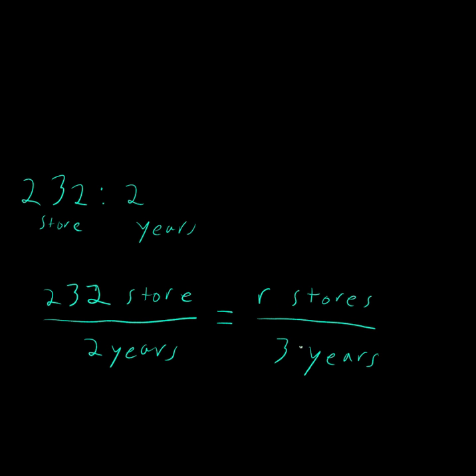Well, in order to solve for r, all we would do is simply multiply both sides of this by 3 years. Our 3 years cancels over here. The years cancel over here. And what we're left with is 3 halves times 232 stores, and that will give us the number of stores, which is 348.